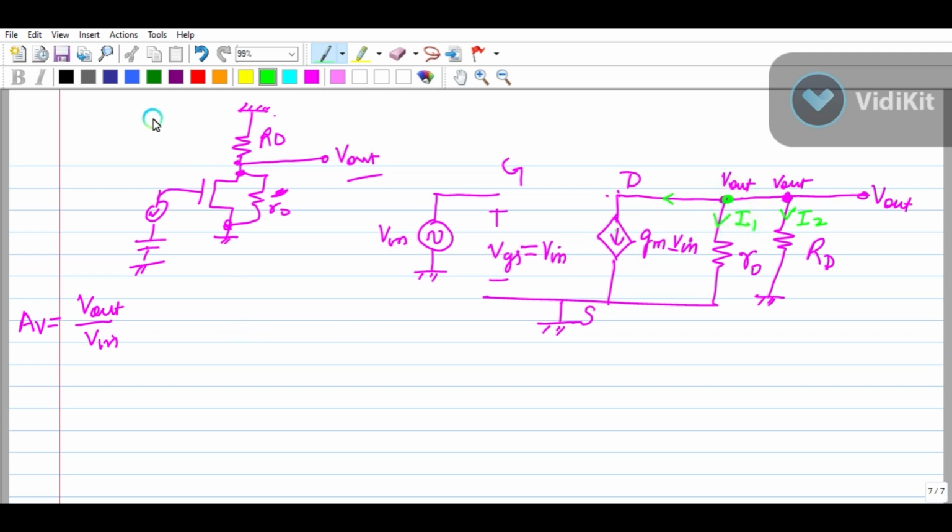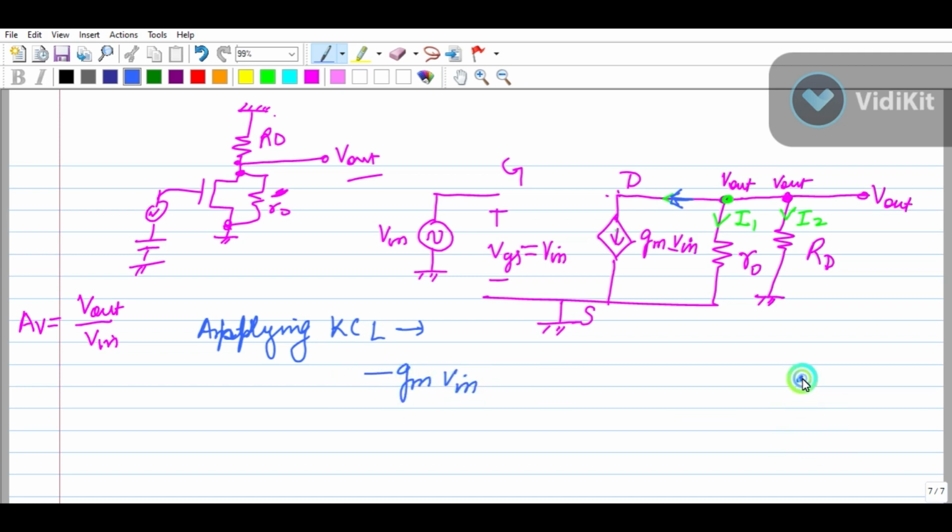Okay, so what will be the KCL? Applying KCL, outgoing current will be negative. So first let's take this one current. It is going outside from the terminal, so it will be negative. So it is GM V in.